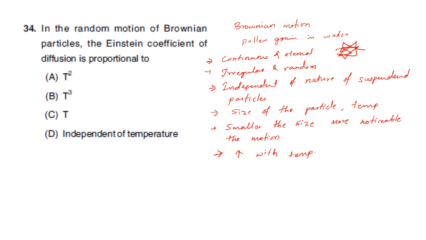Therefore, the Einstein coefficient of diffusion D is given by kBT divided by 6π eta R, where T is temperature, kB is Boltzmann constant, eta is the viscosity of the liquid, and R is the radius of the particles suspended, moving randomly in the liquid. Therefore, this Einstein coefficient of diffusion here is directly proportional to temperature. Option C is correct.